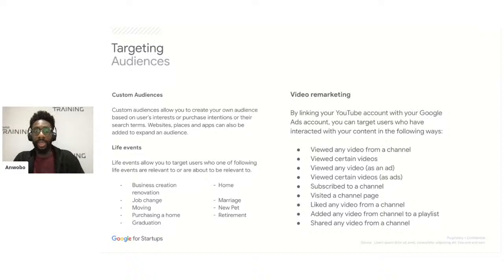That way, if somebody has looked at one of your previous products, you can advertise your next product to them, for example. You can also target people who have subscribed, visited your channel, added a video to your playlist, or shared your videos. You can target these users because you know that they've interacted with your previous videos or your channel. Now you want to give them some new messaging and advertise to them to hopefully turn their interest into custom.